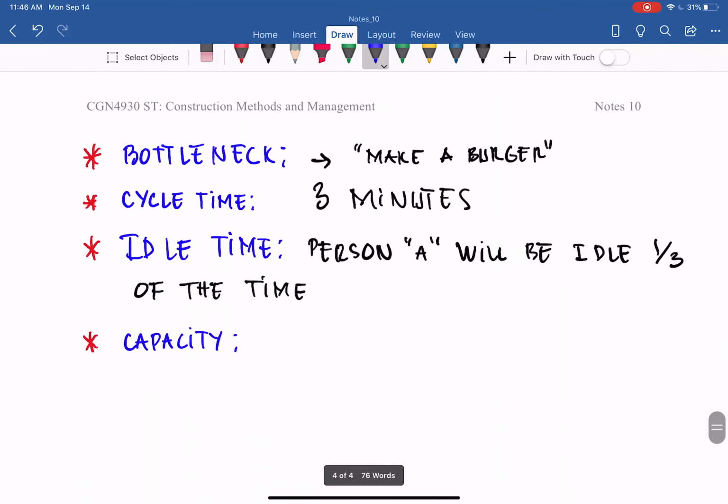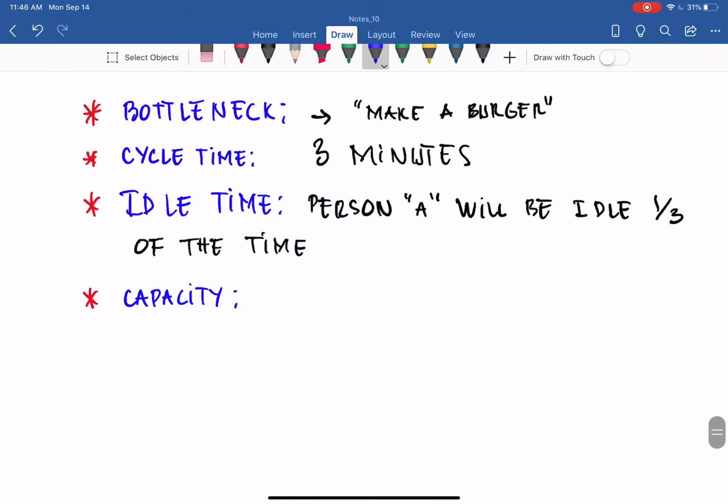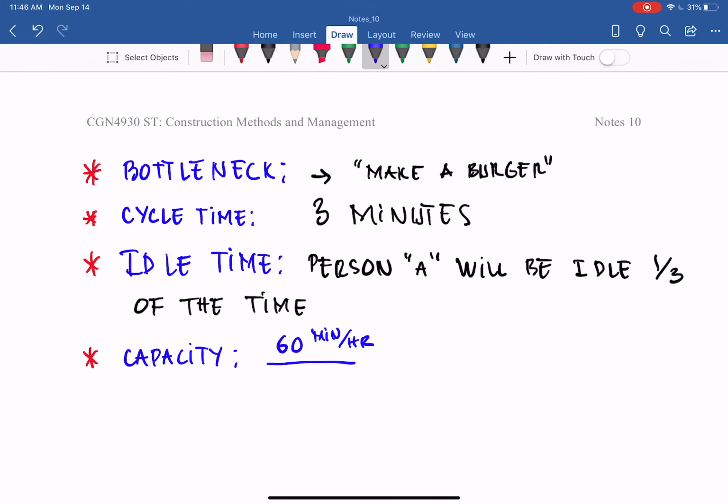So per hour, you have 60 minutes divided by the cycle time. The cycle time is 3 minutes per burger, as we determined.